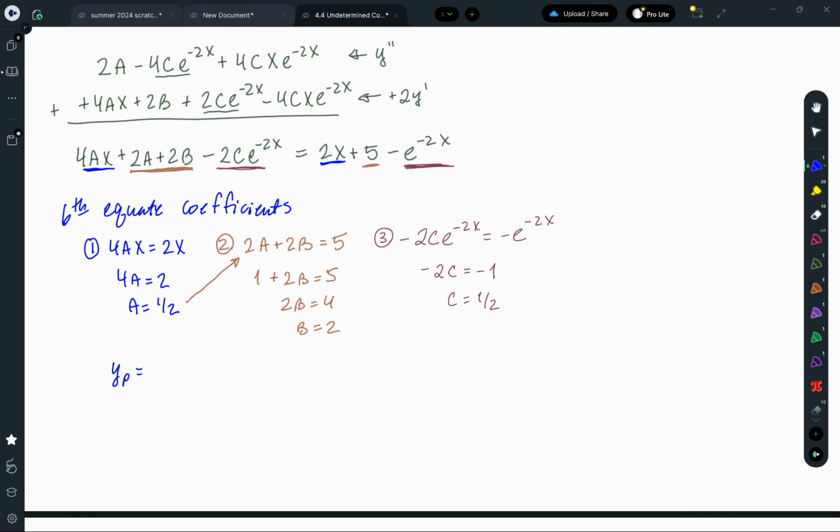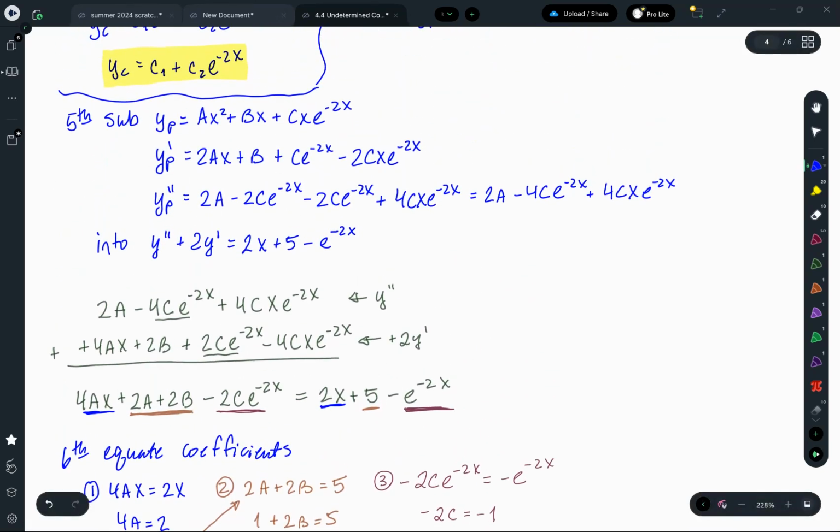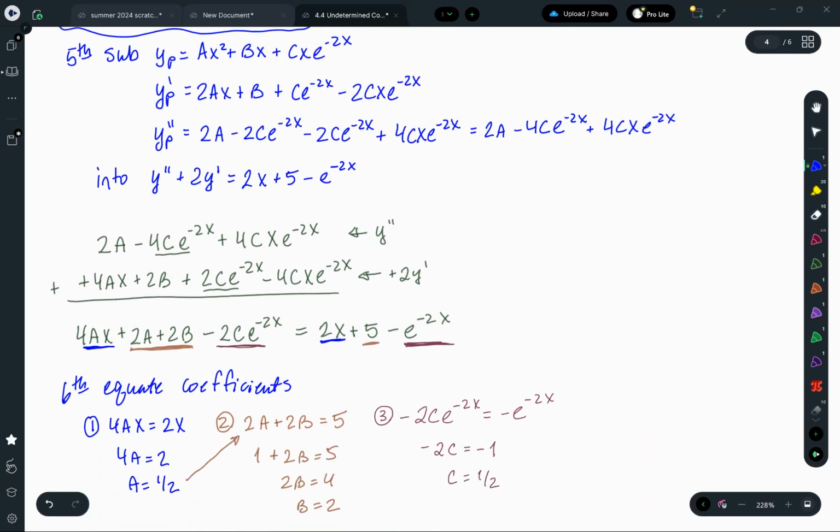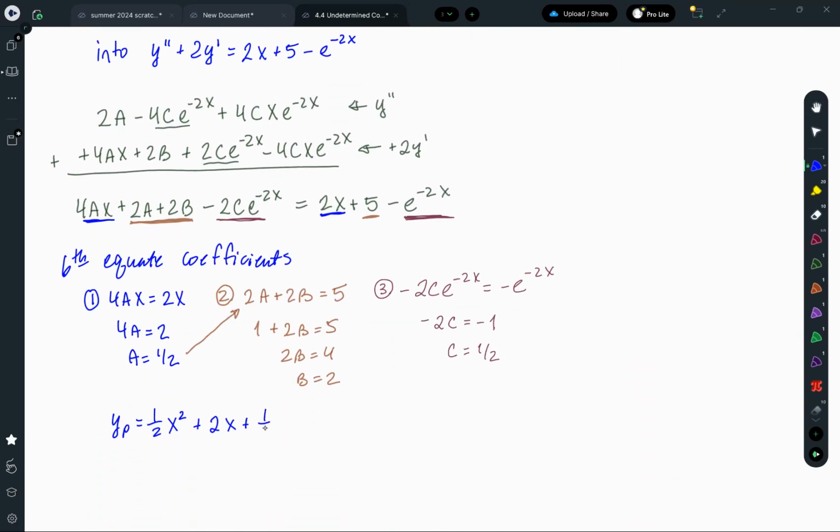Let's go back and see what its form was, ax squared plus bx, so that's 1/2 x squared plus 2x, and then plus cx e to the minus 2x will be plus 1/2 x e to the minus 2x. That is my y sub p.